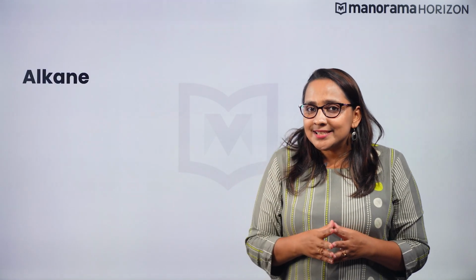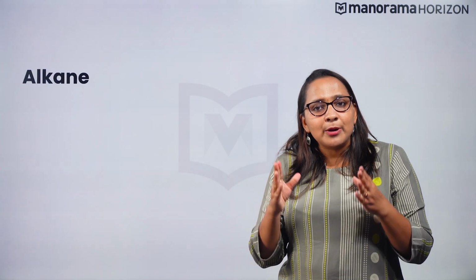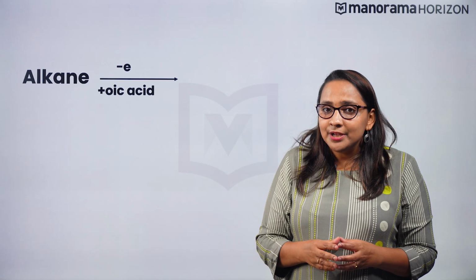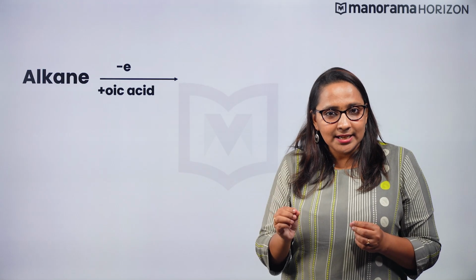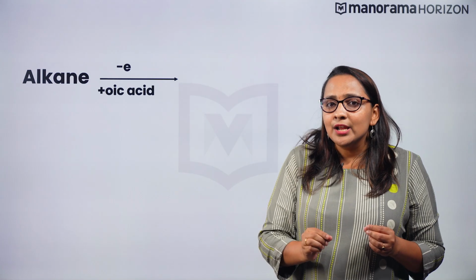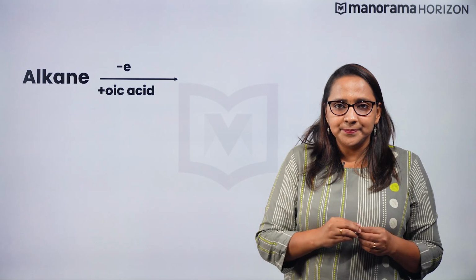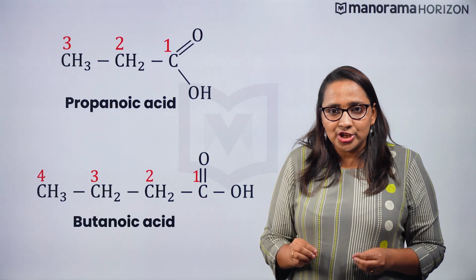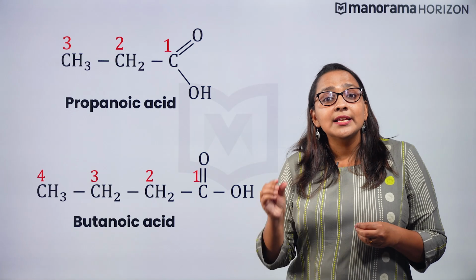In the IUPAC system, aliphatic carboxylic acids are named by replacing the ending E in the name of the corresponding alkane with oic acid. In numbering the carbon chain, the carboxylic carbon is numbered 1.